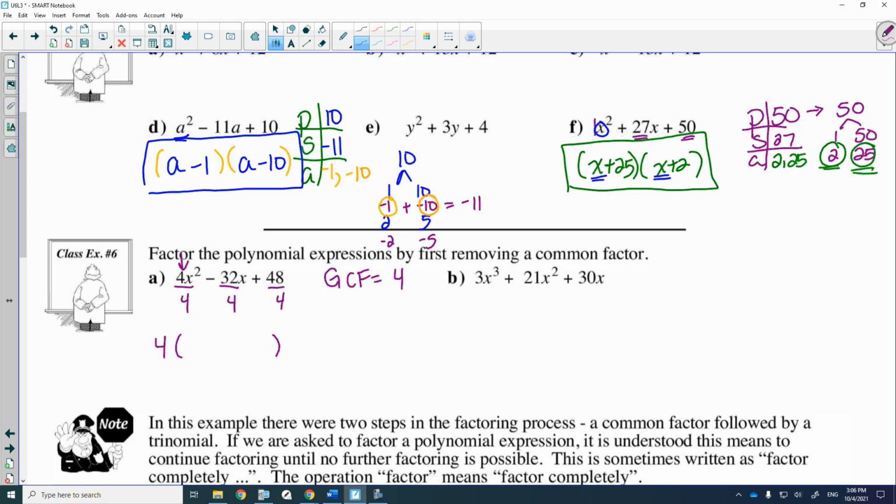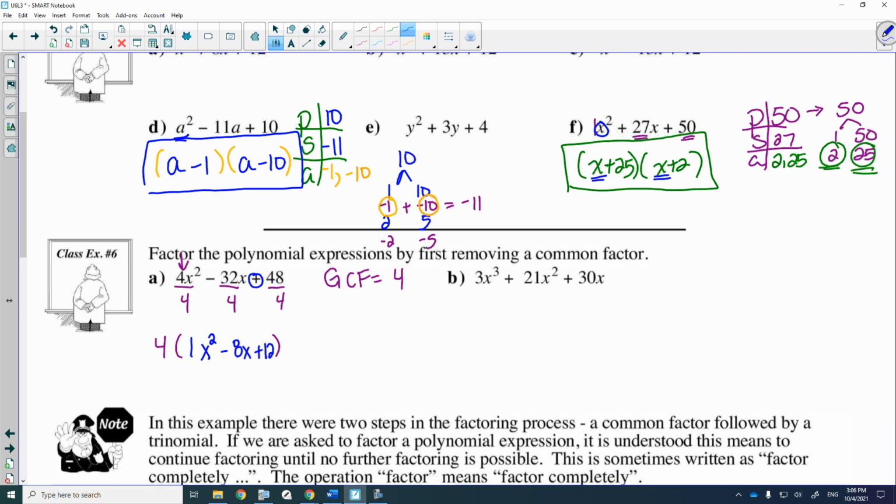So figure out what the answer would be. 4 divided by 4, there's your 1. X squared. Bring down that minus. 32 divided by 4 is 8. Bring down that x. Okay, then plus 48 divided by 4 is 12.